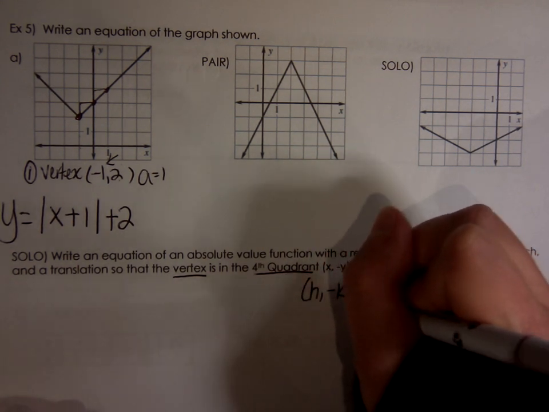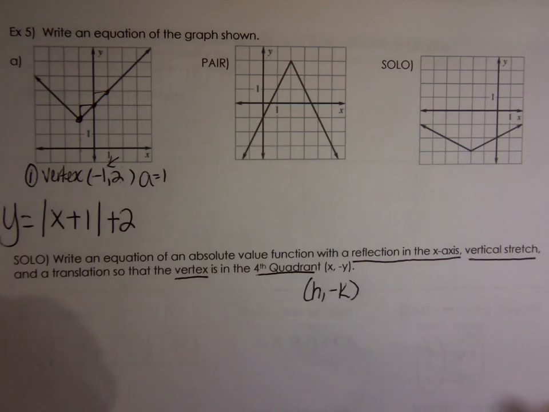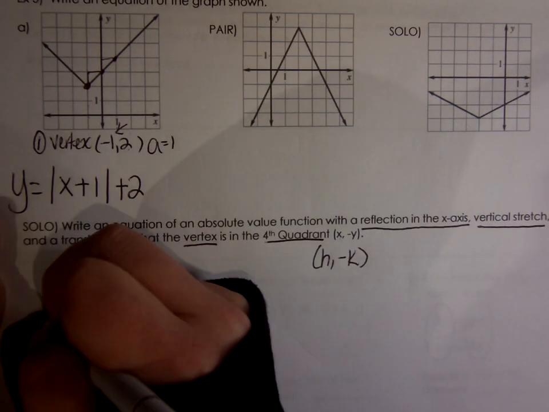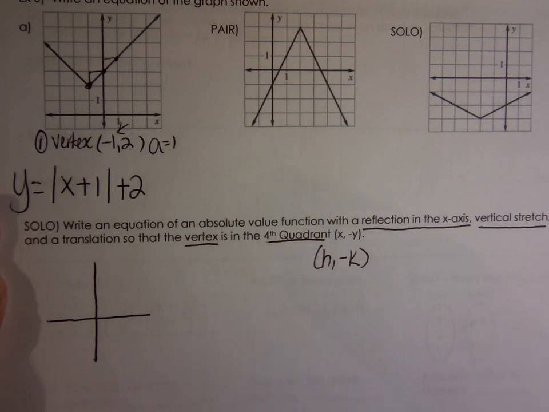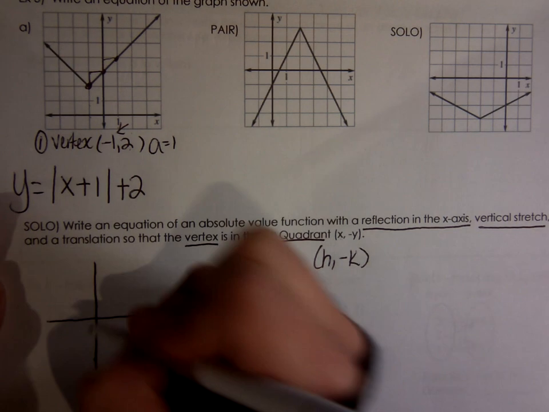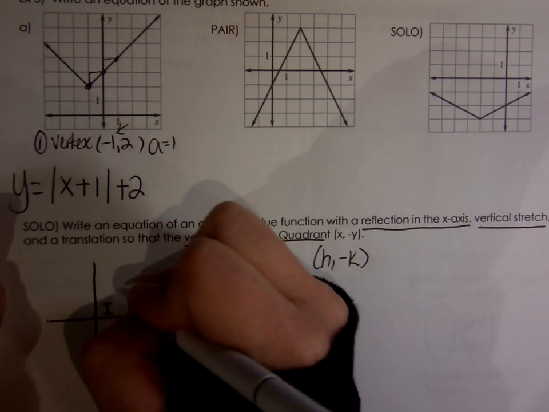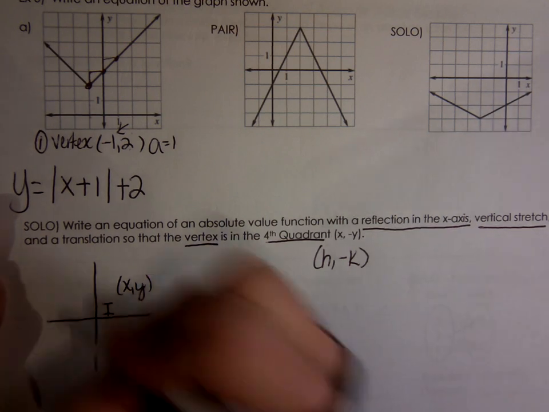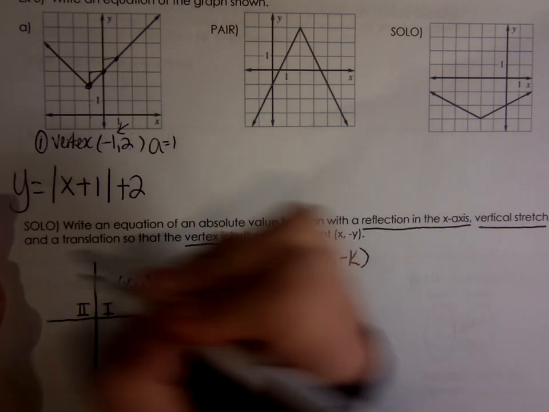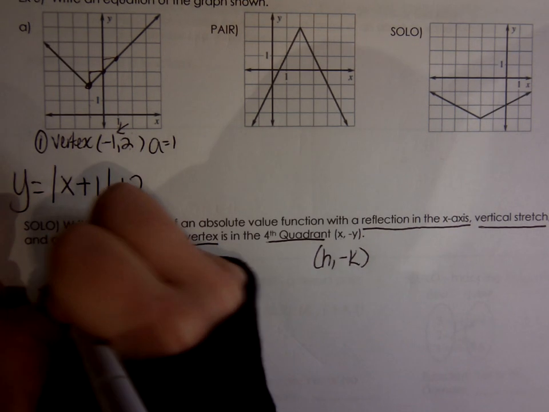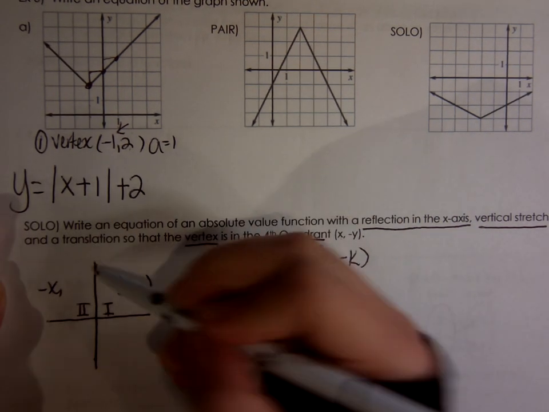And the thing that I want to talk about really quick here is this idea of 4th quadrant. Just as a recap of what you learned in Algebra 1, there exist 4 quadrants. The first quadrant is always where x and y are both positive. This is known as the first quadrant. The second quadrant is where you're going to the left for your x values, so you have a negative x value, and your y value is positive, so negative x, y.